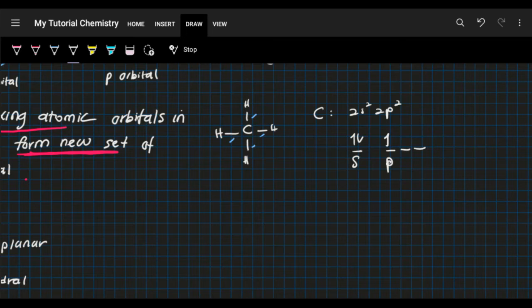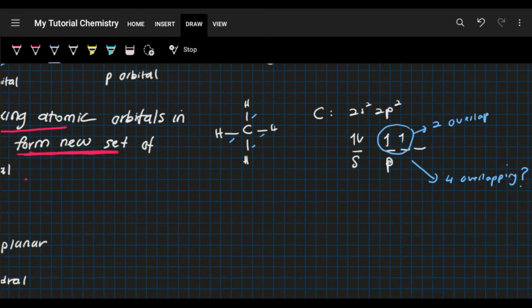Based on these orbitals, carbon can only form 2 overlaps, or 2 single chemical bonds. But how can carbon form 4 overlapping orbitals? So carbon must undergo hybridization to form a new set of orbitals.